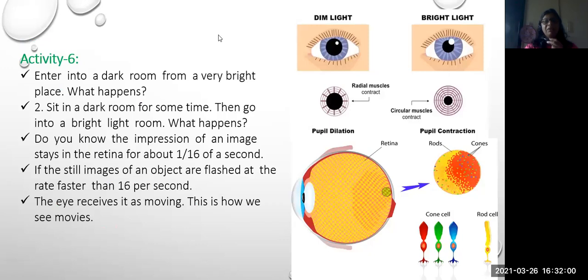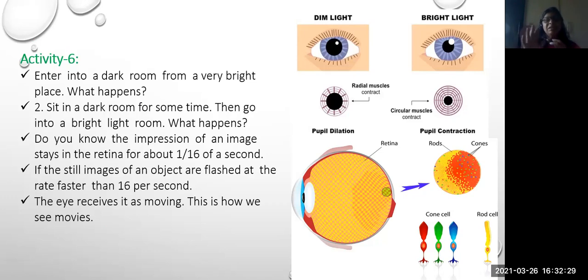So there is one activity for you. Enter into a dark room from a very bright place. So what will happen? Okay. And sit in a dark room for some time. Then go into a bright light room. What will happen? I think you might have observed this one. Mostly if you go to cinema theaters, we used to go from bright light to a dark room, isn't it?